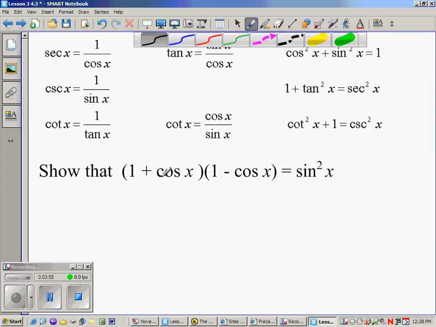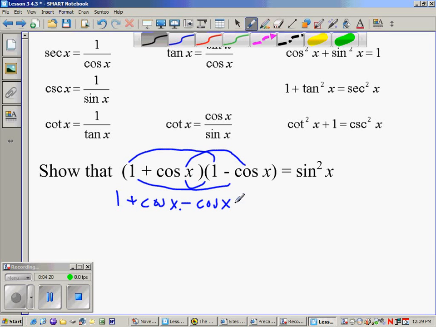Now this problem, we're going to want to prove the identity by working with the left-hand side to get the right. The first thing I want to do is multiply. So 1 times 1 will give me 1. Inside will give me plus cosine x. The outsides are going to be minus cosine x.